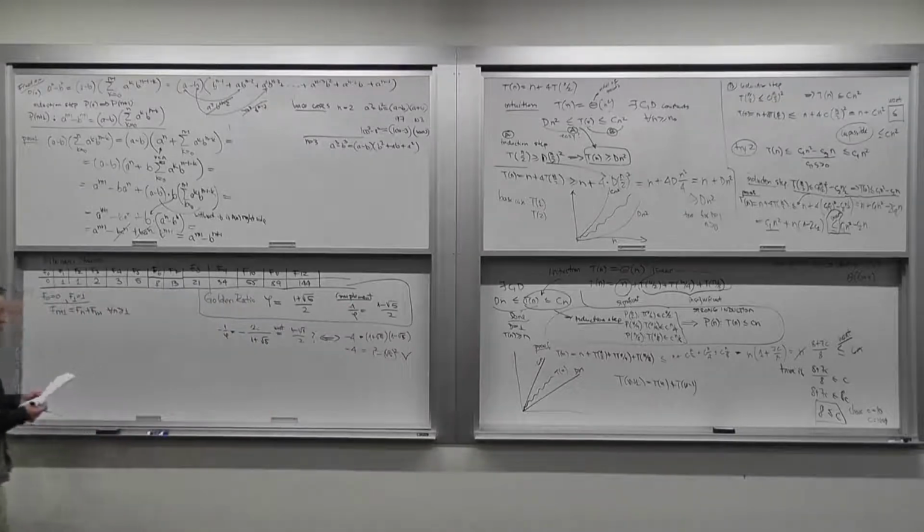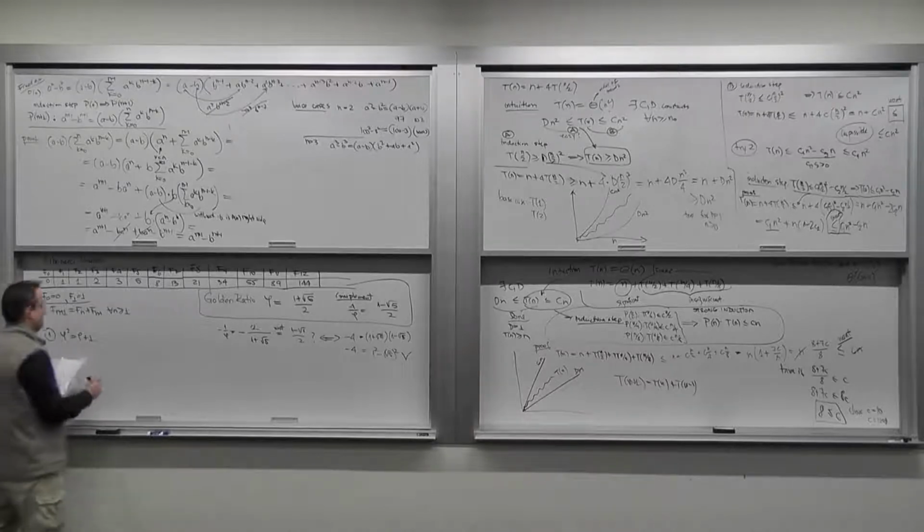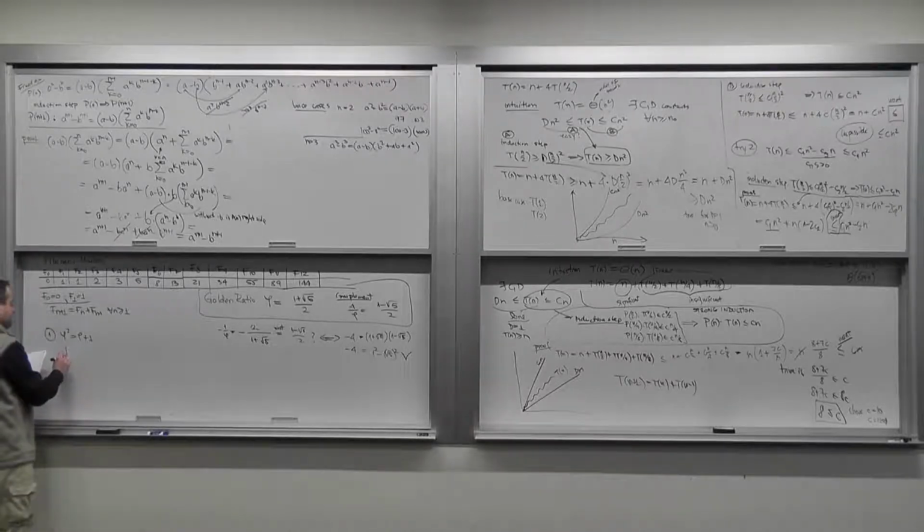What I want to do first, so we're going to prove a bunch of things here. Here's what they are. The first property we're going to prove is phi squared is phi plus 1. That's actually true for the complement: minus 1 over phi squared is minus 1 over phi plus 1. So the complement satisfies the same quadratic equation.